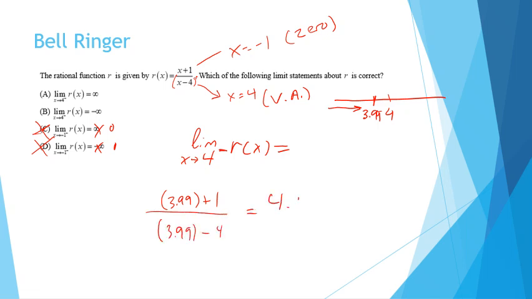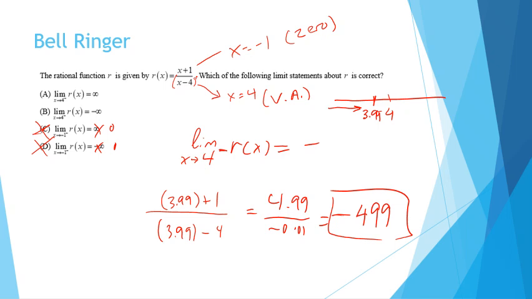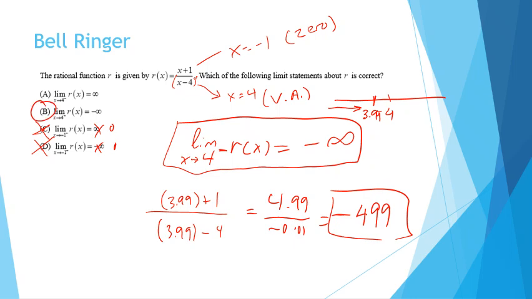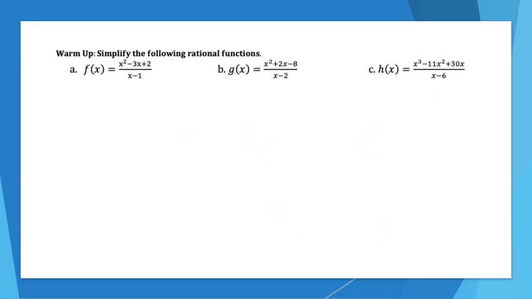You should get 4.99 over -0.01, which is equal to -499. This is not going to be our answer, but this is indicative of a really big negative number, so this should be negative infinity, and that is why B should be our answer there.